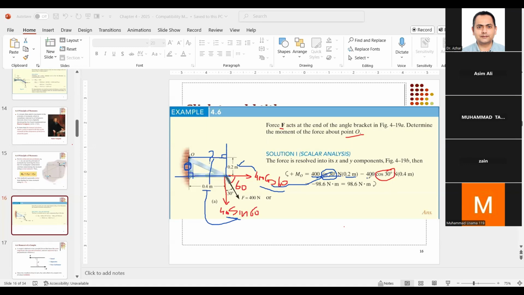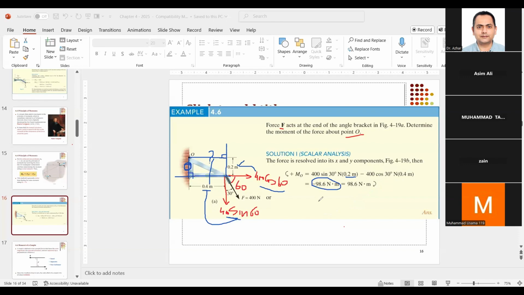You see here, he has used cosine of 30 and I have used sine of 60. So the vertical component 400 is multiplied with the 0.4 meter moment arm, and ultimately your answer will remain unchanged. The answer will be the same as the book, whether you use 60 or 30: minus 98.6 Newton meter.